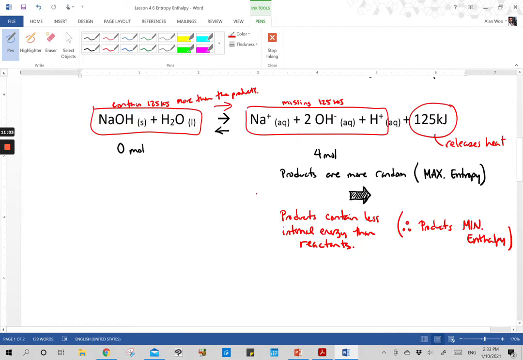And if the products have minimum enthalpy, the reaction will again naturally shift to the product side based on enthalpy. So together, both factors tend to shift to the product side. So both factors favor the product side.